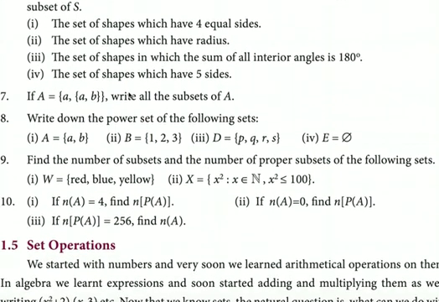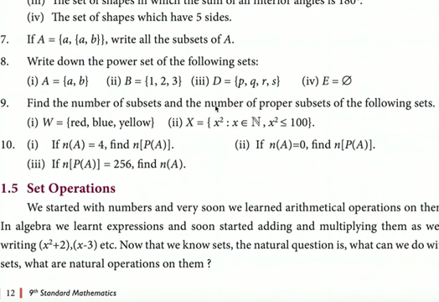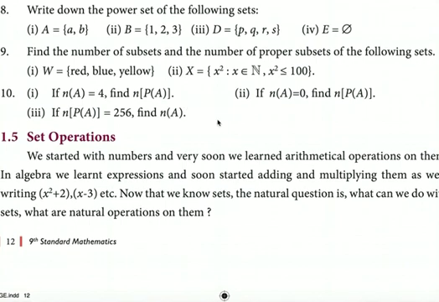A equal to, write all the subsets of A, that you can do. Write down the power set of the following sets, that also you can do. Find the number of subsets and the number of proper subsets of the following sets: red, blue, yellow.